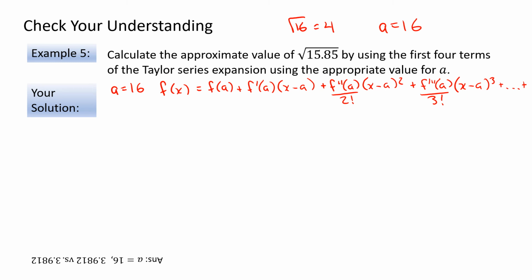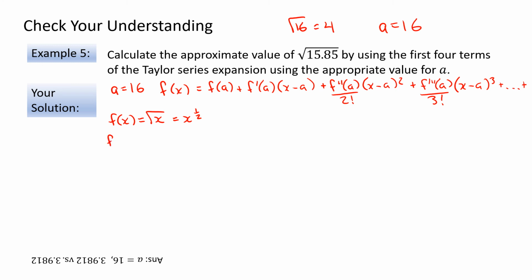So when we look here, we know that it's the root of a number. So our function, f at x, is the square root of x, or x to the 1/2. I usually write it as an exponent because then when we take the derivatives, you can use the power rule.